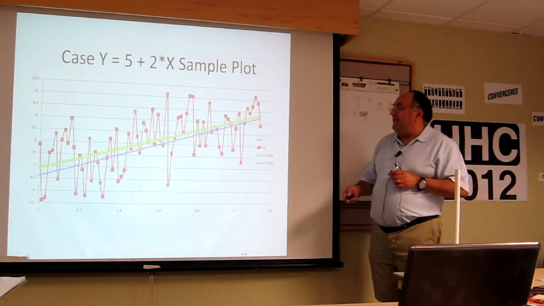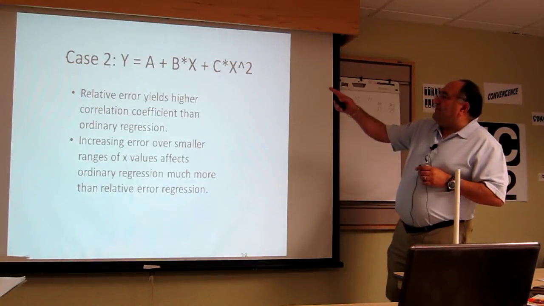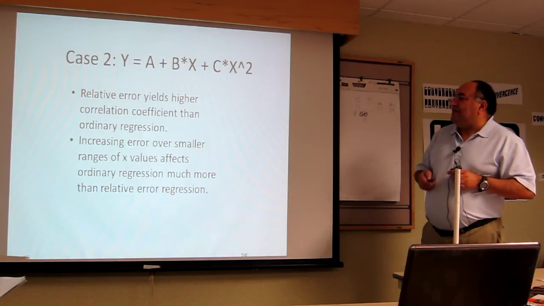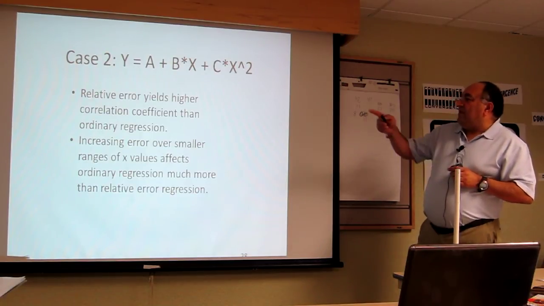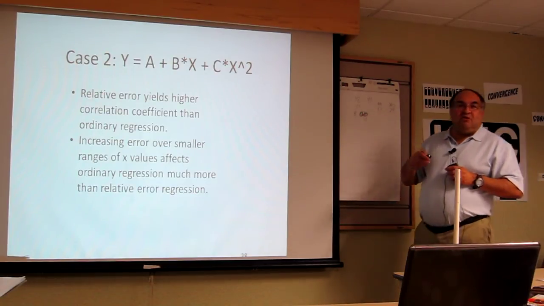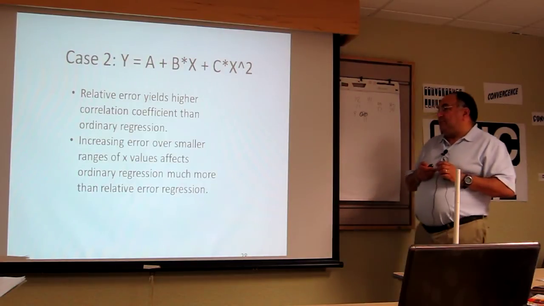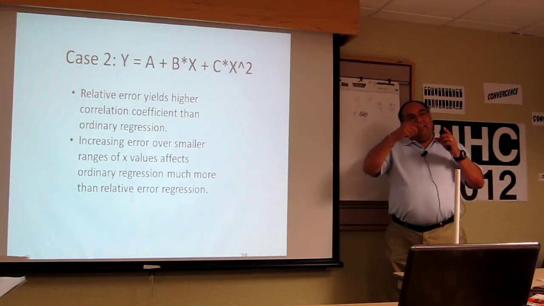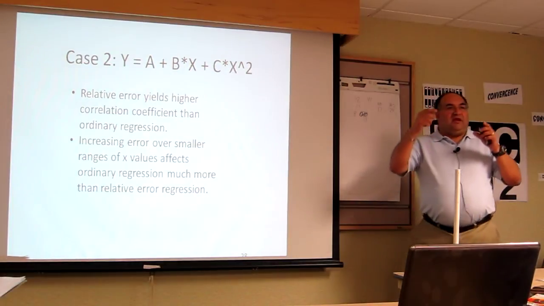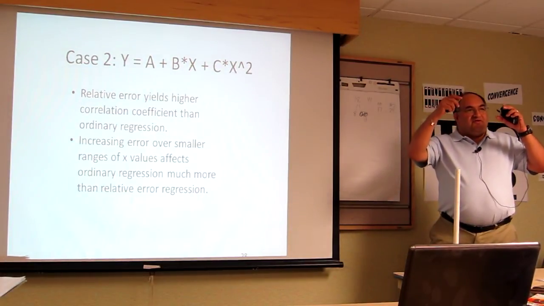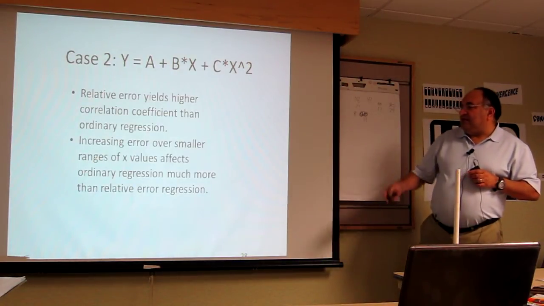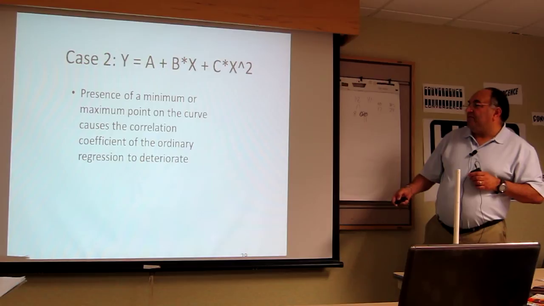You are right. In the case of a quadratic curve, we have pretty much the same conclusion, that the relative error gives us a higher correlation coefficient than ordinary regression. And again, for narrower ranges, the correlation coefficient of the curve fit drops more significantly than that of the relative error.